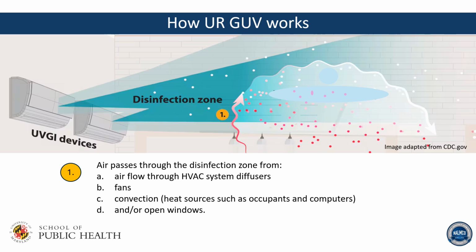So how does upper room GUV work? Air passes through the disinfection zone from airflow through HVAC system diffusers, fans, convection, and/or open windows. As the air moves through this disinfection zone, potential pathogens can get inactivated.